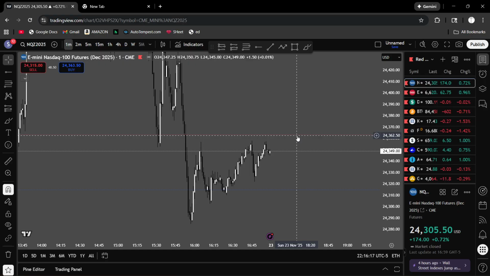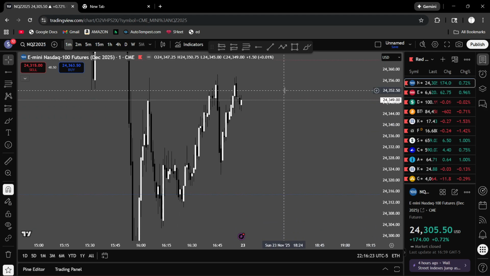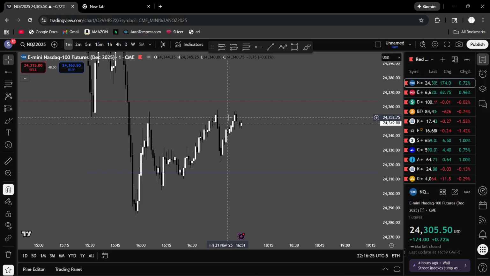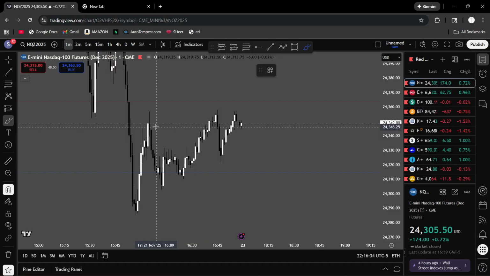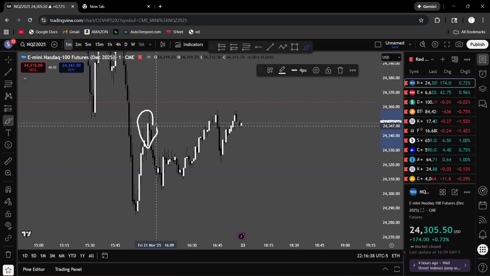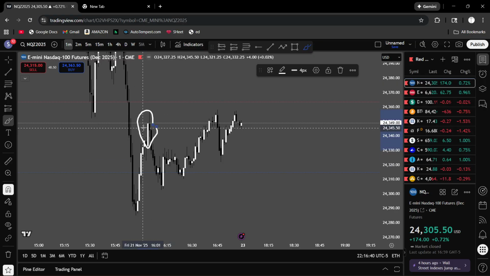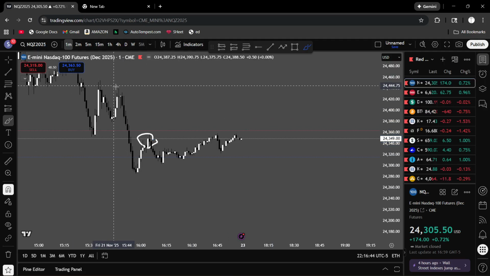I wanted to touch on something else. I don't think I've gone over this. What is a swing high and swing low? It's basically just a high that's being formed within the range of an overall leg. Like this is a swing high. This is a swing high.